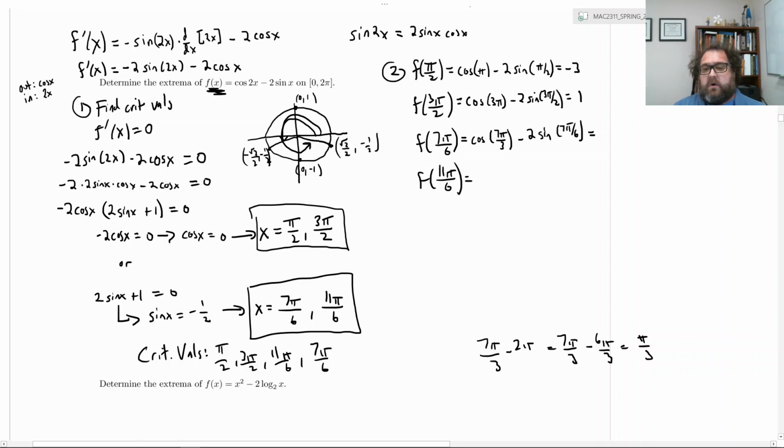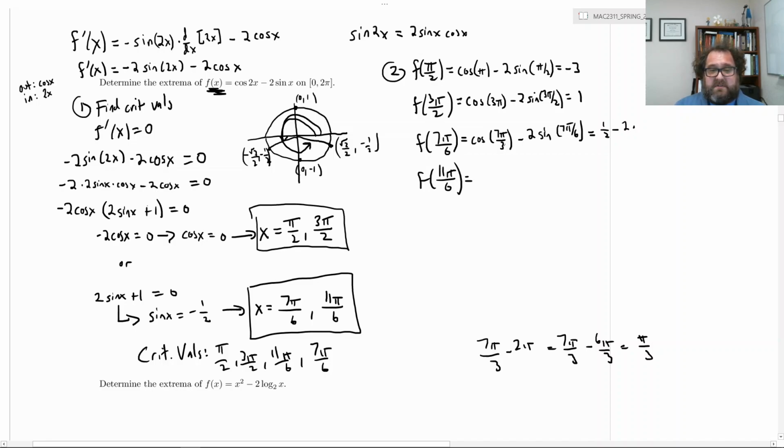So what is cosine of pi over 3? Cosine of pi over 3 is 1/2. Okay, so I'm going to jot this down: 1/2 minus 2. What's sine of 7 pi over 6?